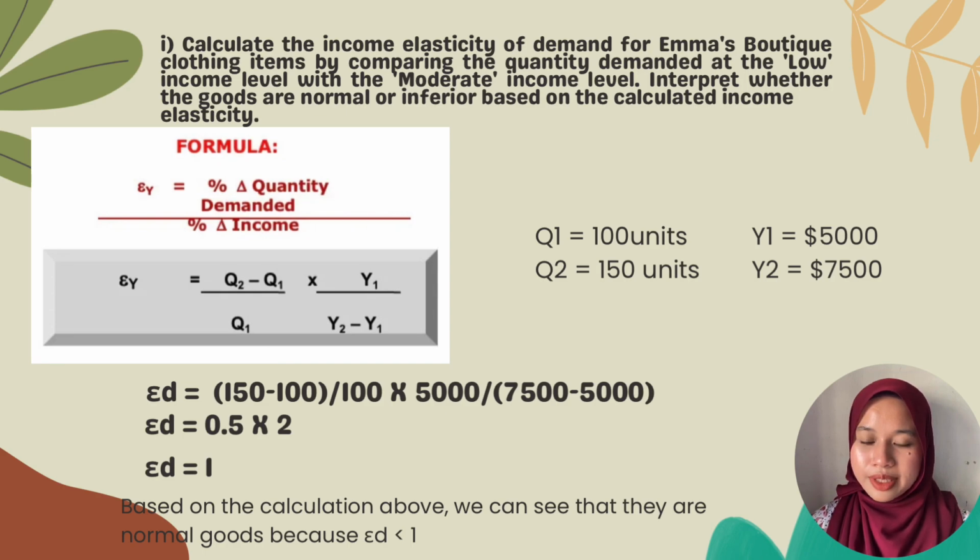So income elasticity of demand equals (150 minus 100) divided by 100, times 5,000 divided by (7,500 minus 5,000). So we get 0.5 times 2, and the final answer is 1. Based on the calculation that we already made, we can clearly see that this is a normal good because the income elasticity of demand is no more than 1.